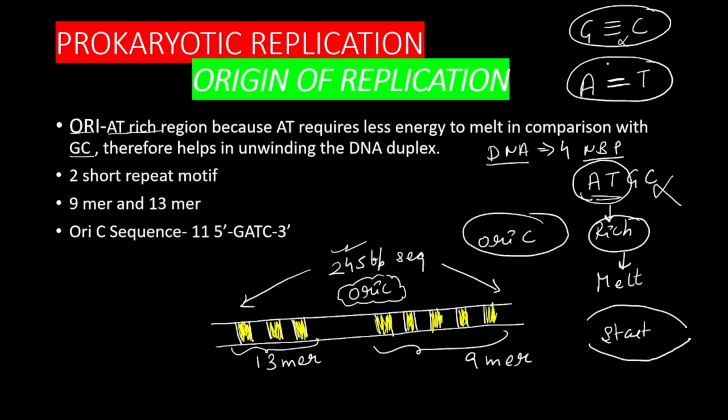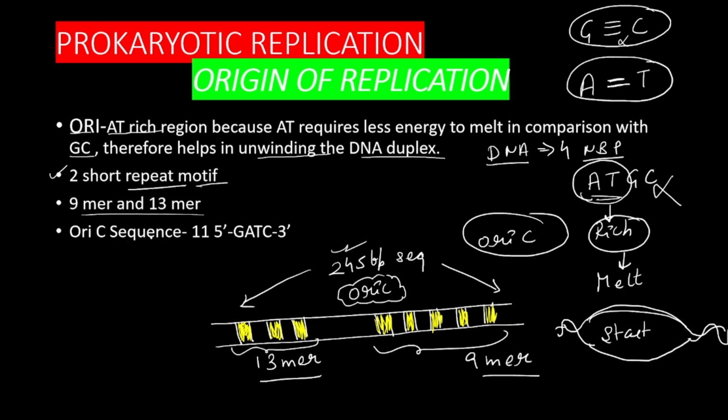Therefore it helps in unwinding the DNA duplex, so it becomes very easy to unwind the duplex. There are two short repeat motifs, that is 13 mer and 9 mer.